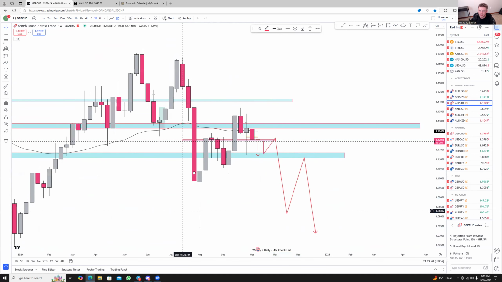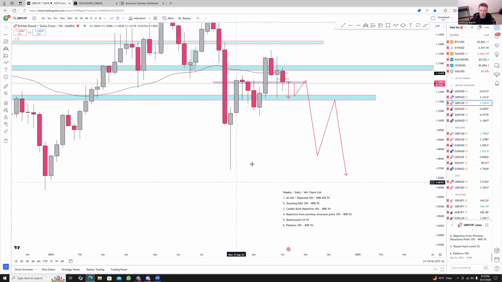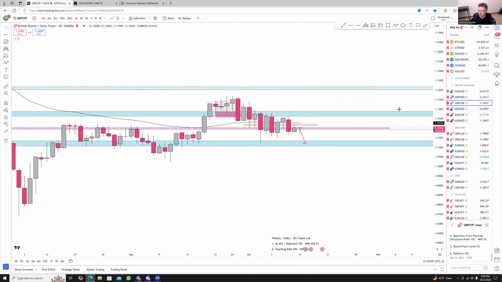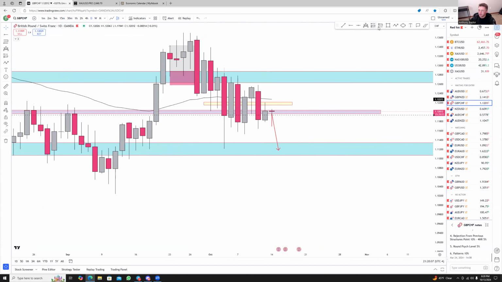In reality, it's gonna fill this wick. See this huge weekly wick here? That's what we're gonna fill. So we're waiting for basically the break below this daily EMA, not this daily area of interest here. We want to see it break. We want to see, basically want to take a trade like this to fill this wick.